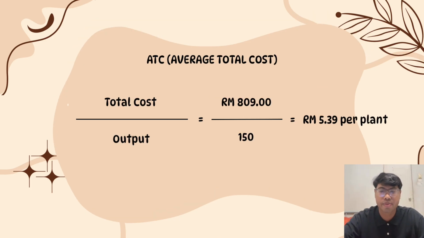And the last part of mine is average total cost. If you want to find average total cost, you take total cost divided by output. Total cost is 809 ringgit and the output is 150. So you divide 809 ringgit by 150, and the answer is 5 ringgit 39 cents per plant.